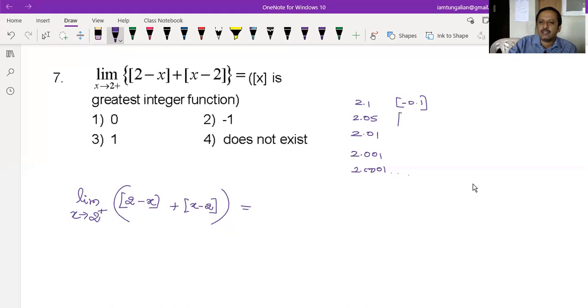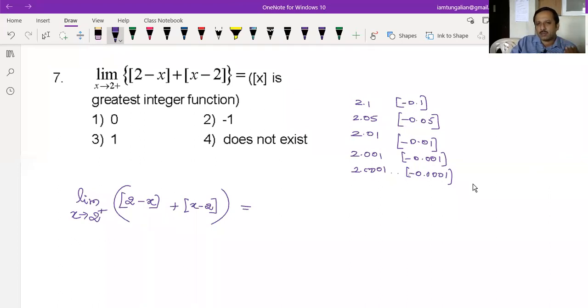If I take 2.05, 2 minus 2.05 gives minus 0.05. If I take 2.01, it will give you minus 0.01. Here it will give you minus 0.001. Here minus 0.0001. I'm just looking at the first term. Okay. I'm just concentrating on step of 2 minus x.